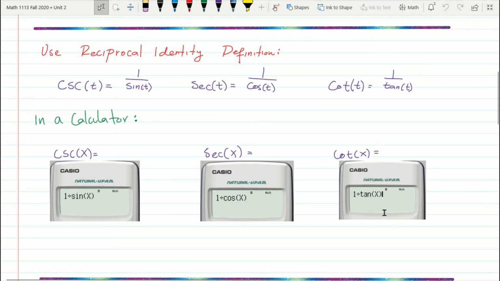And keep in mind that this x value is symbolic. You need to actually put a number there so that you compute cotangent at that value. Okay? So that's how you do cosecant, secant, and cotangent in any calculator, really. These three pictures are in the Casio, but it'll work in any calculator.